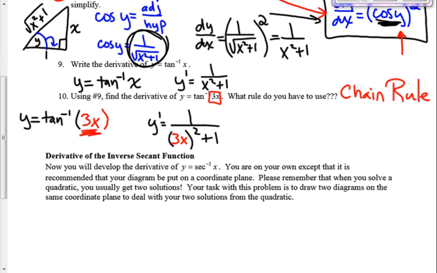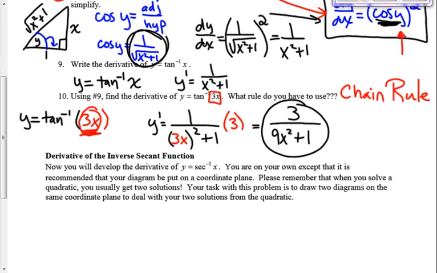Then I need to multiply by the derivative of the inside, and my inside is this 3x, and the derivative of that is 3. If we simplify that just a little, we have the 3 on top, and we have 9x squared plus 1 on the bottom. So that will be my derivative right here.